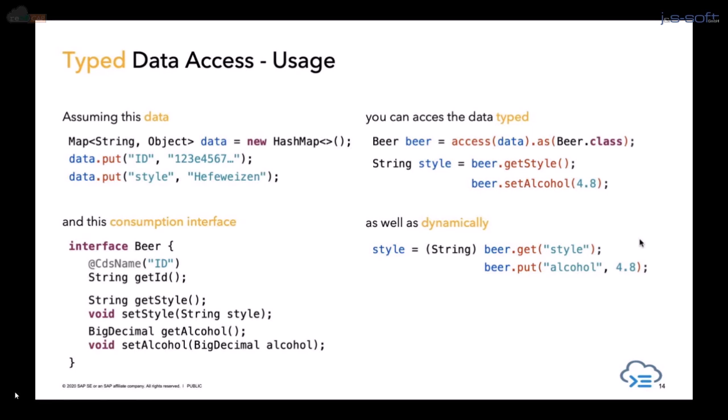So, for instance, here with get the style or set the alcohol level. But still, next to the typed access, you also have dynamic access on the same data using the Map interface via the get or put method. So this is basically a hybrid access on the data.